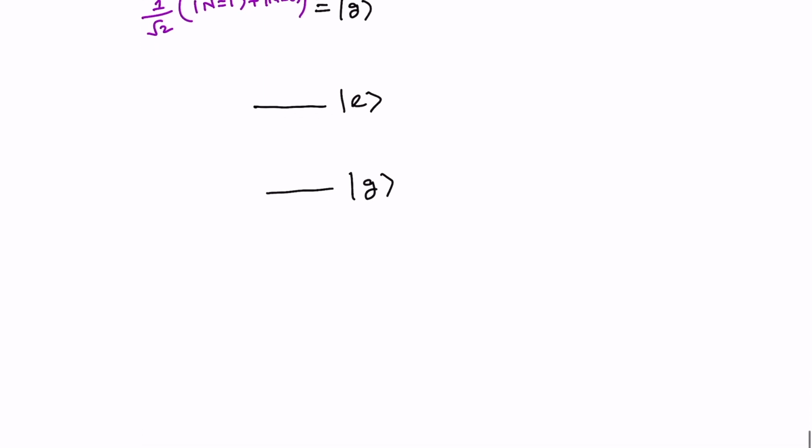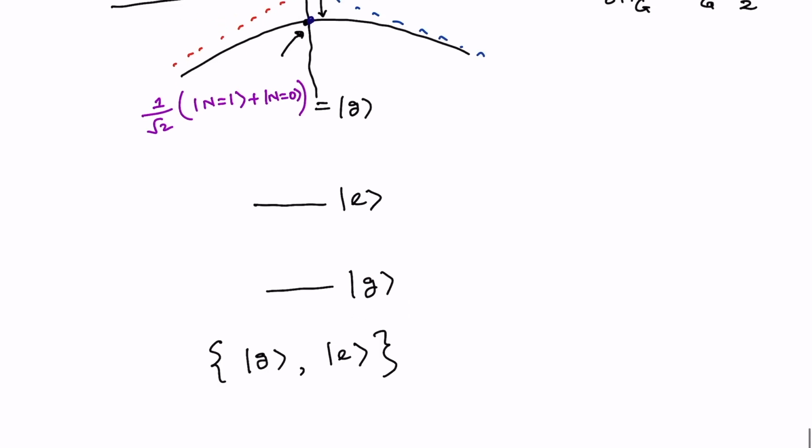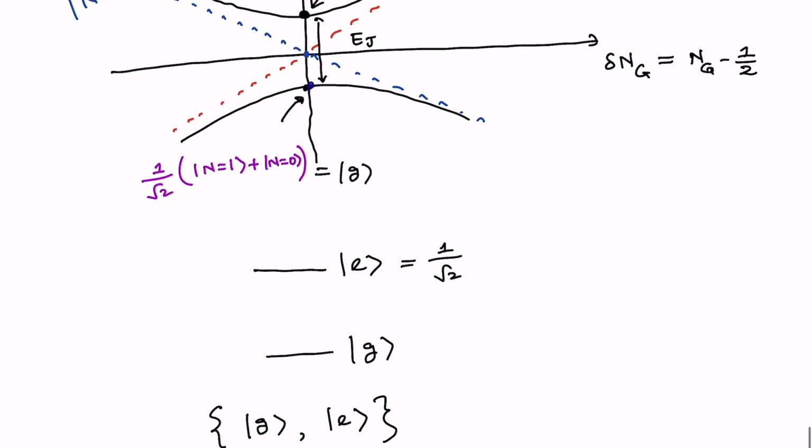And taking |g> and |e> as our basis states, here |e> is basically the antisymmetric superposition of the charge states n equal to 1 and n equal to 0.